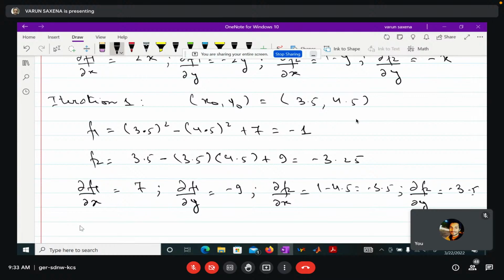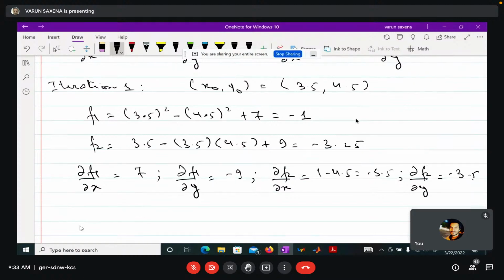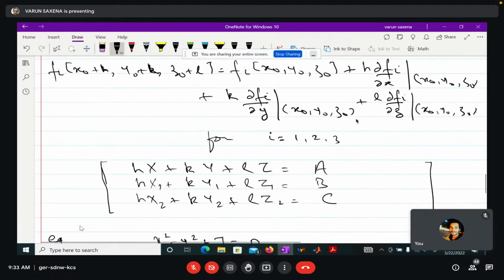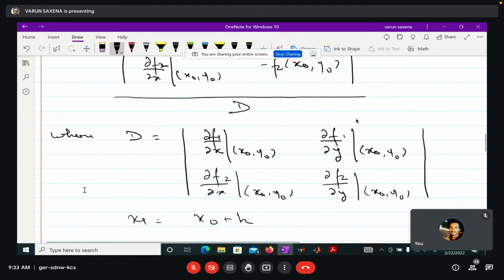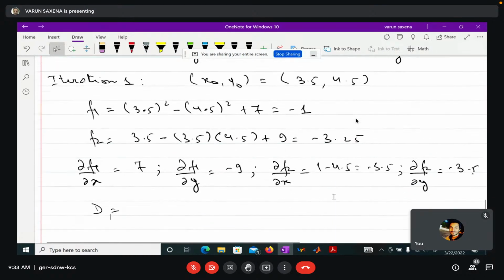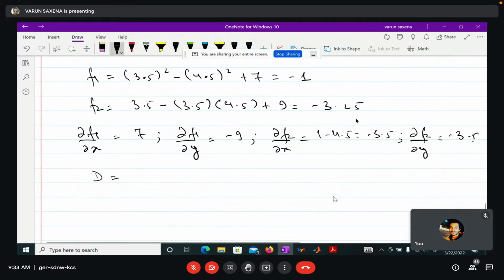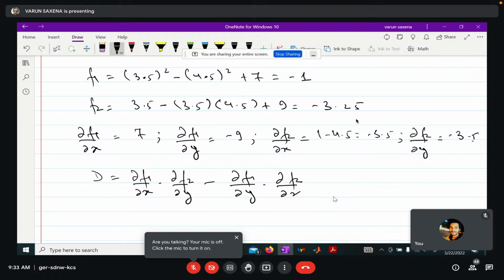Okay. So with these values, I find out D. This is the determinant. So determinant is del f1 over del x into del f2 over del y, minus del f1 over del y into del f2 over del x.